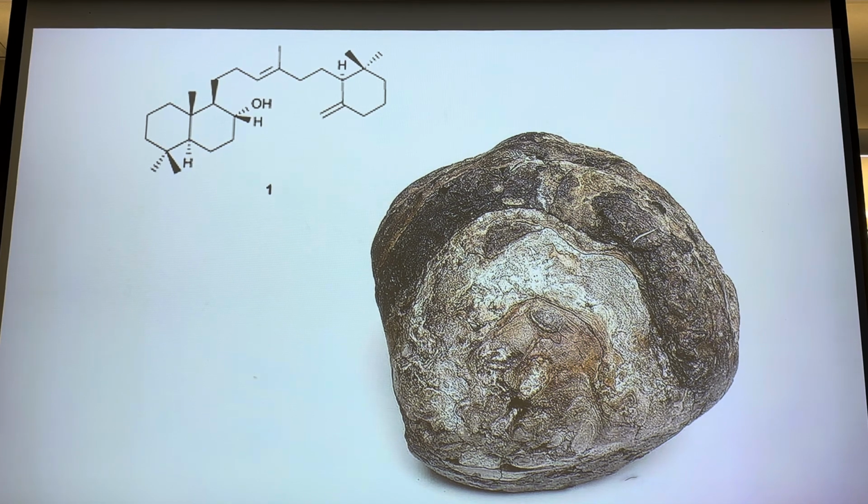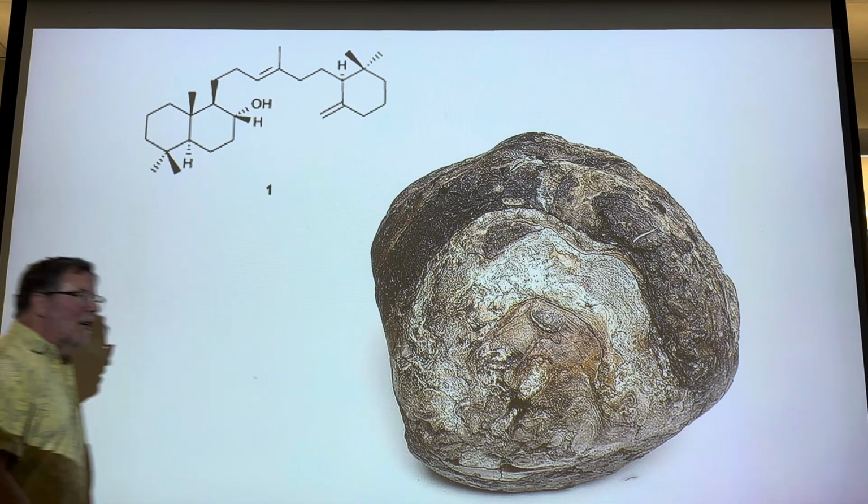People will search for these blobs of ambergris that wash up on beaches. If they find them, they'll collect them and sell them. There's a market for it, and you can get thousands of dollars for one of these blobs of, essentially, a part of whale poop.